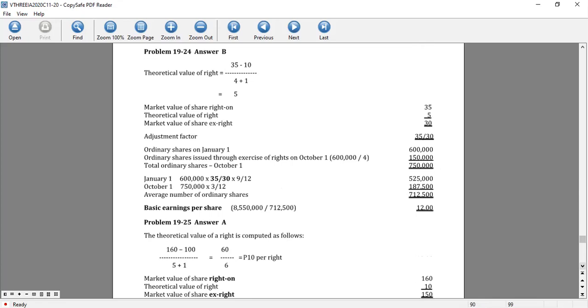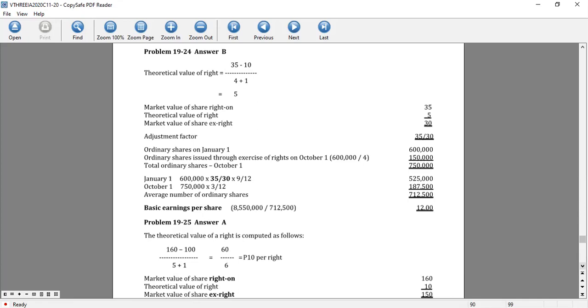Theoretical value of right is equal to 35. It's given. And then we have to deduct 10 for one ordinary share. That's 25 divided by 4 plus 1. So you need 4 shares to buy one new share, and we add 1.